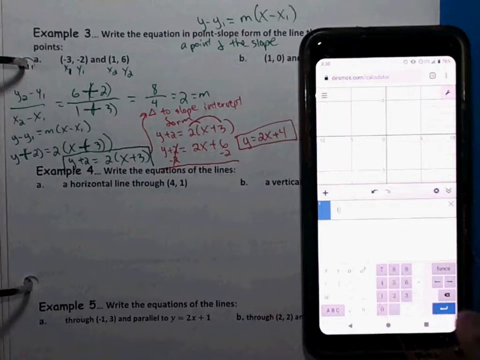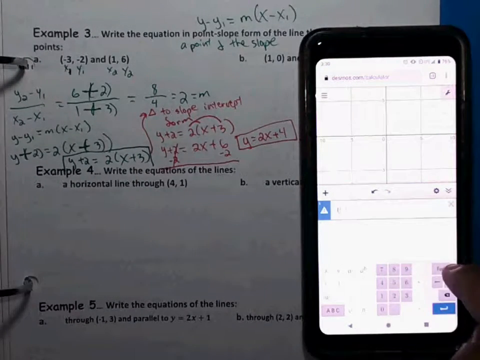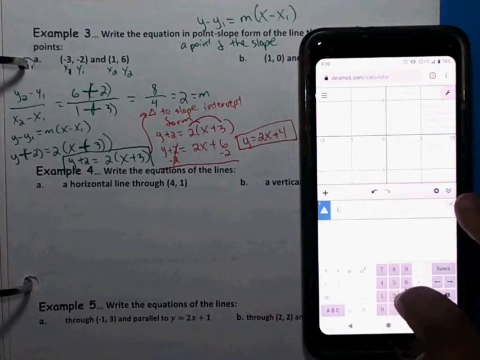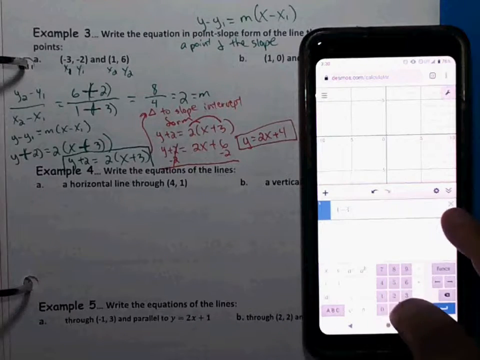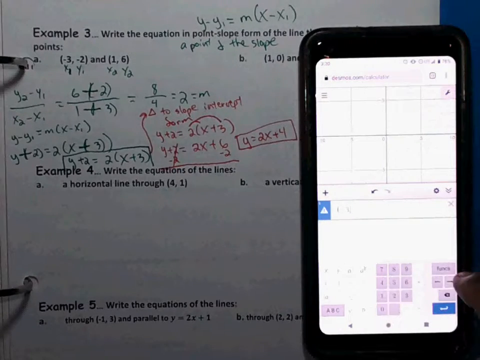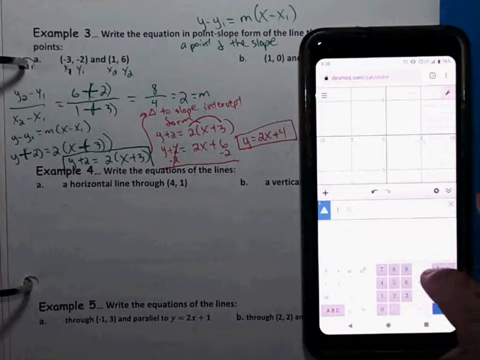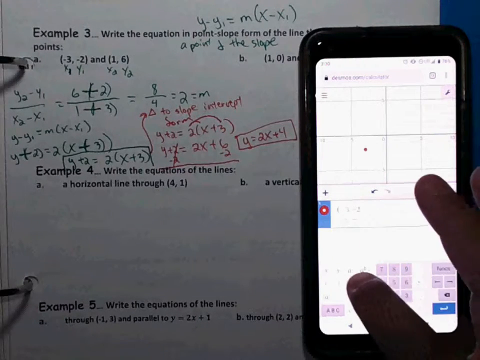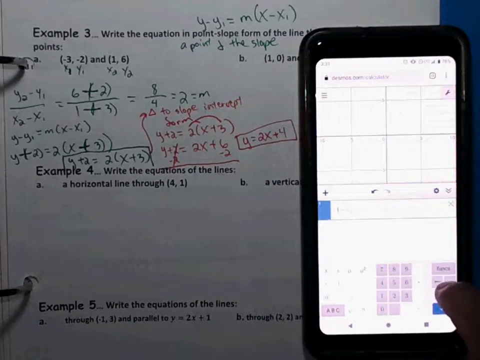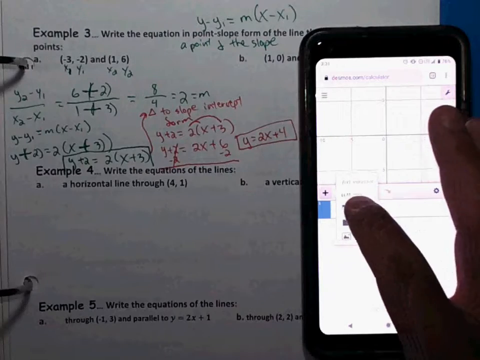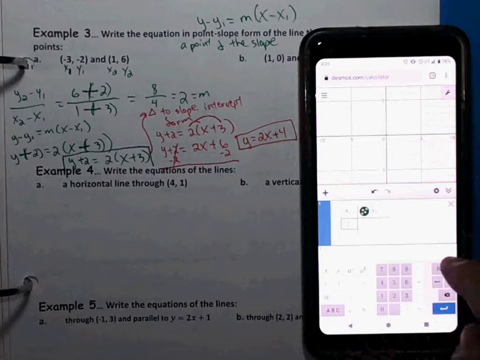So I'm going to open parentheses, -3, comma, and then -2, close parentheses, and then actually I'm going to do a table just to make it easier. So I'm going to add a table, and I'm going to type in those same points.